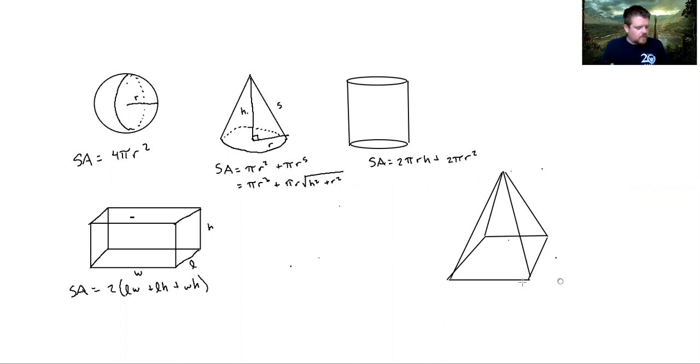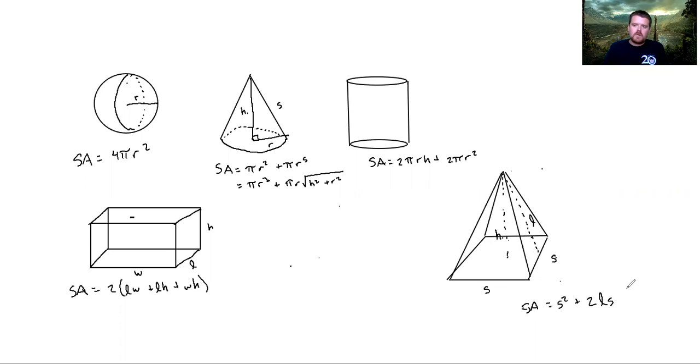Again, assuming that this is a square base, I apologize for the crudity of my drawings. If we're looking at a square base, then that area formula is going to be where S is the side length of the base, and then we have our actual height, and we have the slant height again. That surface area formula is going to be side length squared plus 2LS.